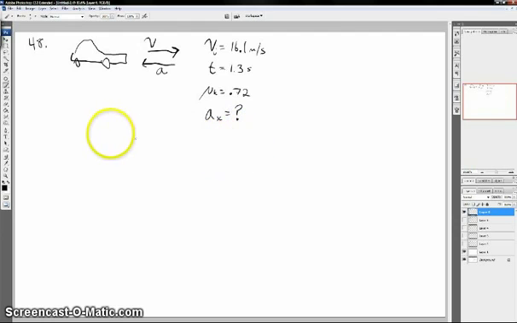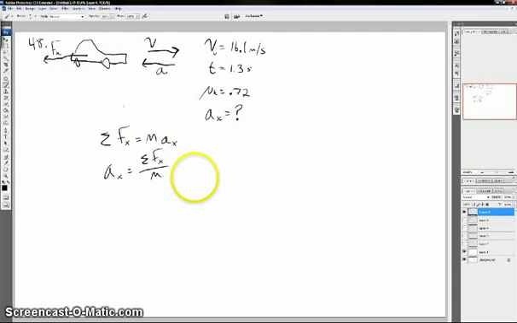Okay, so again, we can do this by using Newton's law, that the net force in the x direction is going to be equal to mass times the acceleration in the x direction. If I solve for the acceleration in the x direction, that'll be the net force divided by mass. For the object, there is no applied force, but there is a resistive force, the force of kinetic friction, acting on it, and that's the only force.